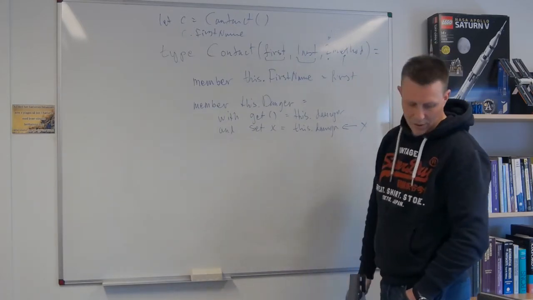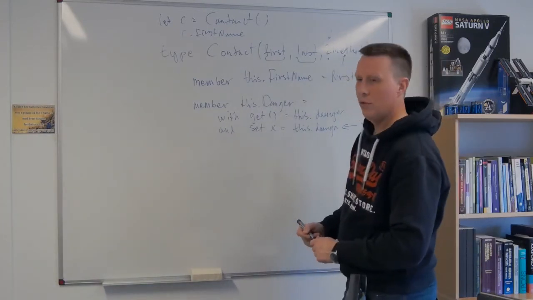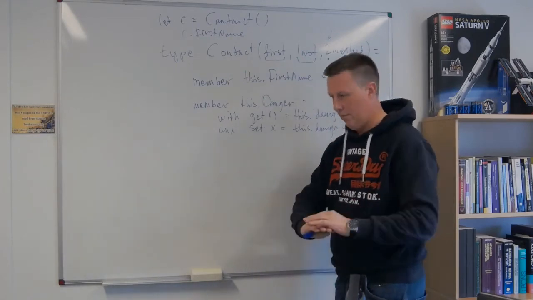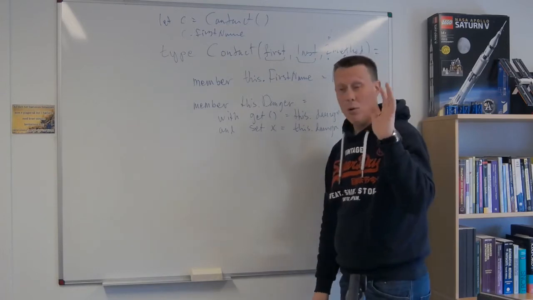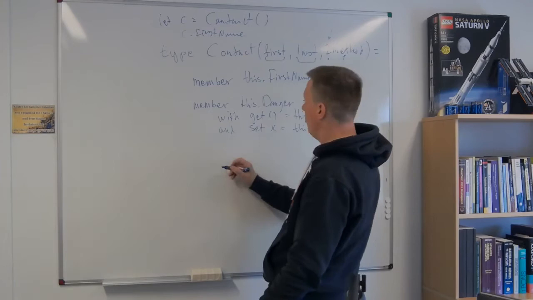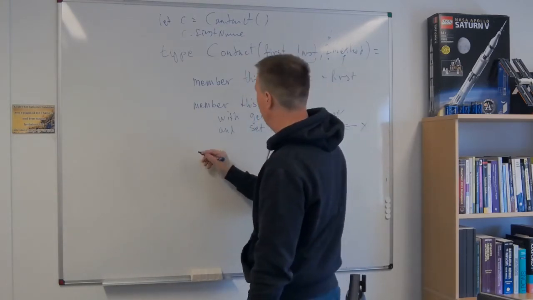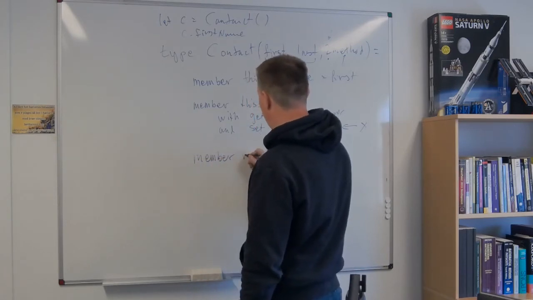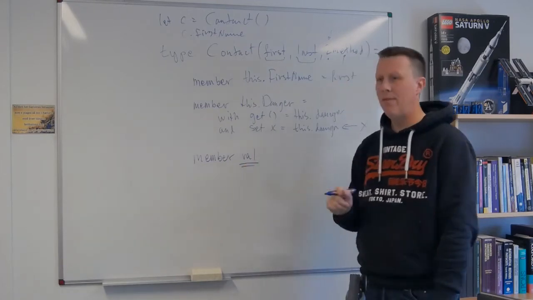So F# actually has a little extra syntax to make this in one go. You just do it super simple to have mutable or immutable properties. The way you do this, I will create a member, and then you add this little keyword val, member val, which is member value.